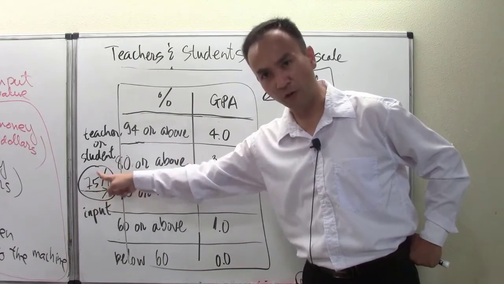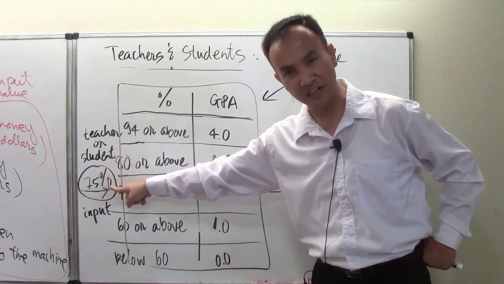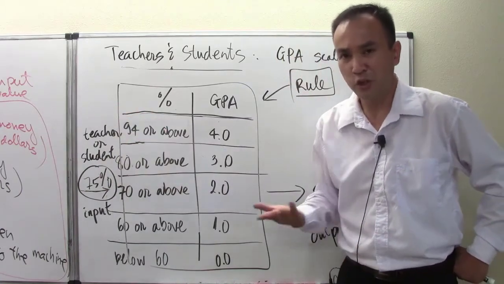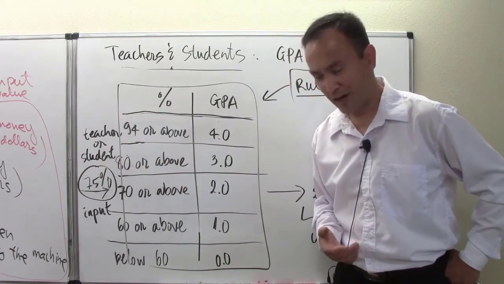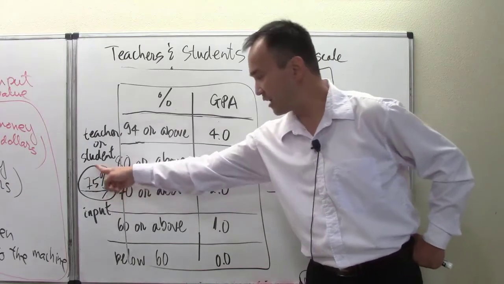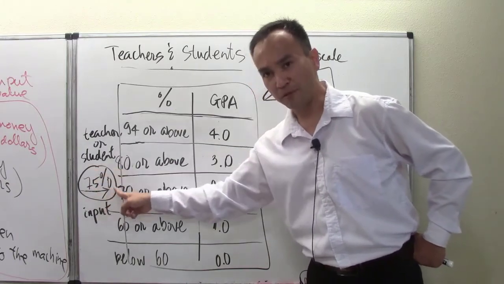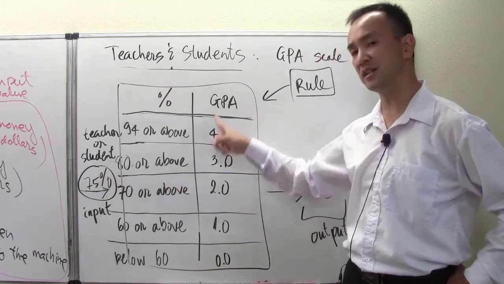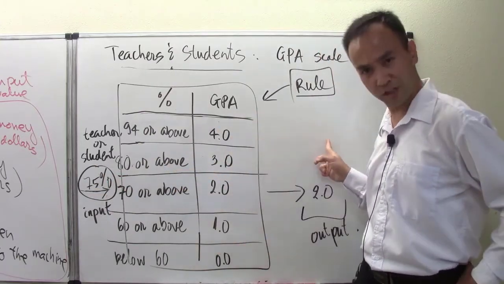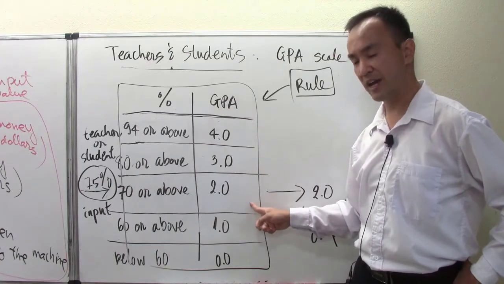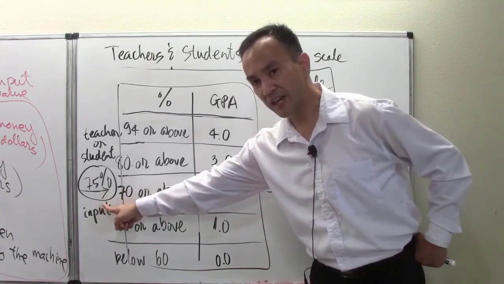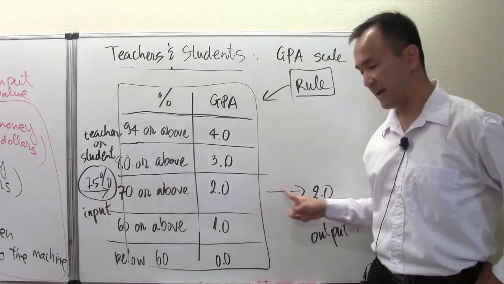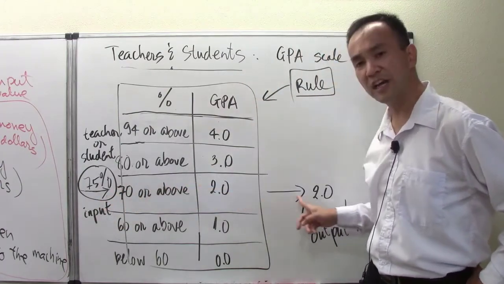Of course, this overall percentage must have been calculated somewhere else, based on the teacher's personal calculator or anything like that. But once you have a final overall percentage, you can just input it into the scale right here, and this scale determines a final output, being a GPA. So you're inputting an overall percentage, and the rule is outputting a GPA.